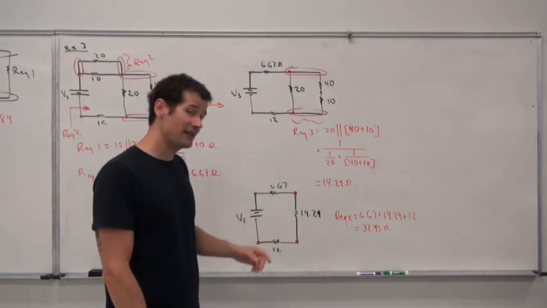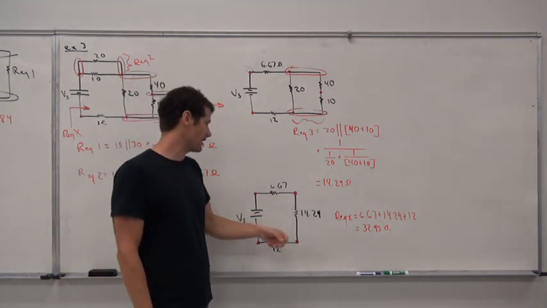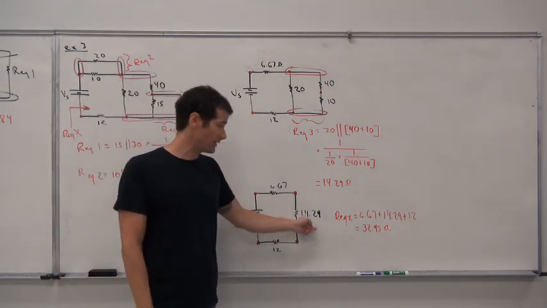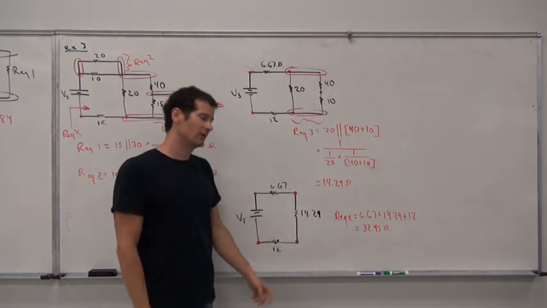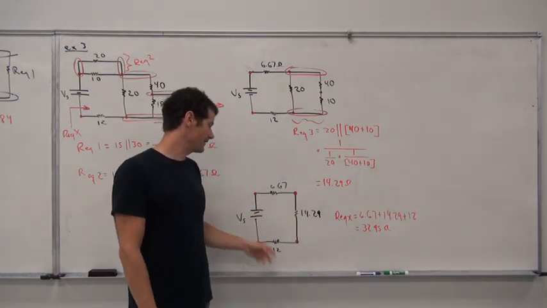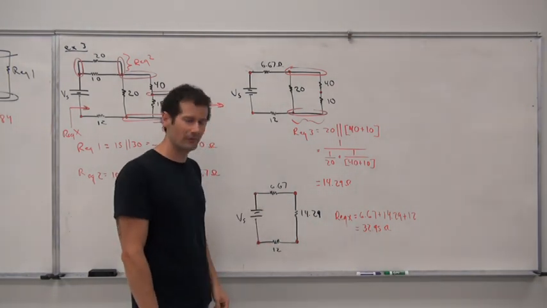And I say effectively, once again, as we talked about, because 6.67 is directly in series with 14.29, and 14.29 is directly in series with 12, so 6.67, 14.29, and 12 are effectively in series with each other.